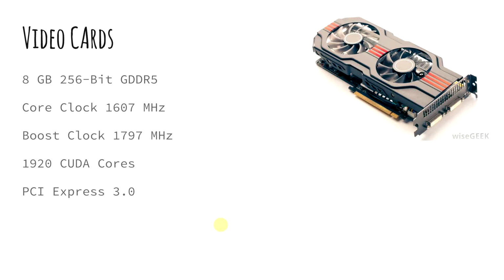All right, the next thing we move into is our RAM. Up at the top we have our 8 gigabytes of GDDR5 RAM. There are really only two that we're going to talk about, the GDDR3 and the GDDR5 RAM. This is RAM just like the RAM on your PC that we talked about in the memory video, but it's slightly different because it's video RAM. It's been augmented slightly for video needs.